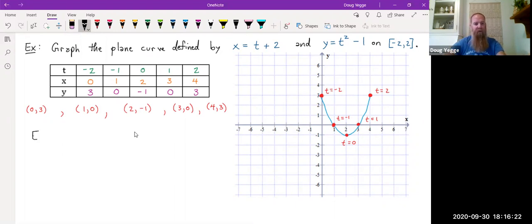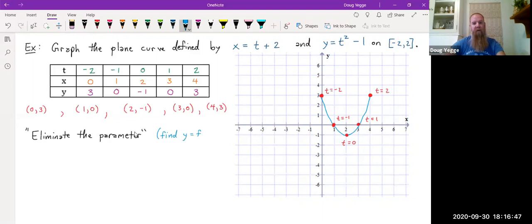We can also eliminate the parameter. So when we eliminate this parameter, what that's saying is, let's try to come up with y as a function of x by eliminating the variable t. Which in other words just means find y equals f of x.